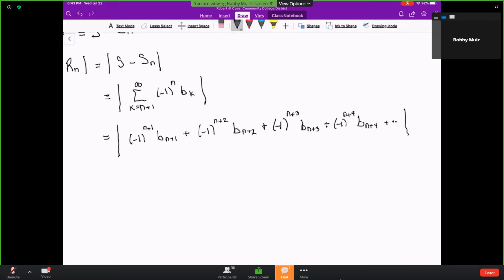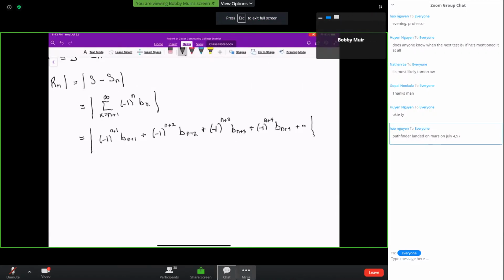Remember, I said the rules of arithmetic sometimes don't apply when you have infinitely long sums. Okay, we've assumed this series is converging.